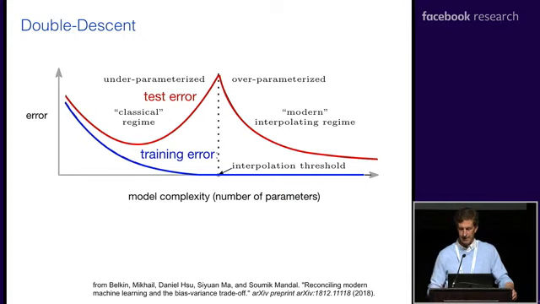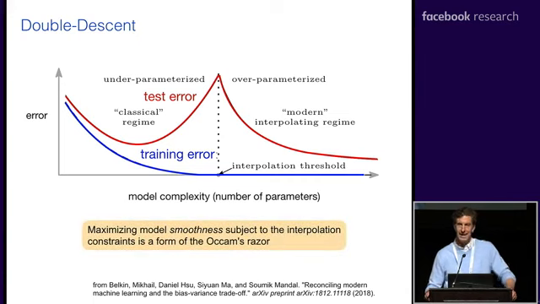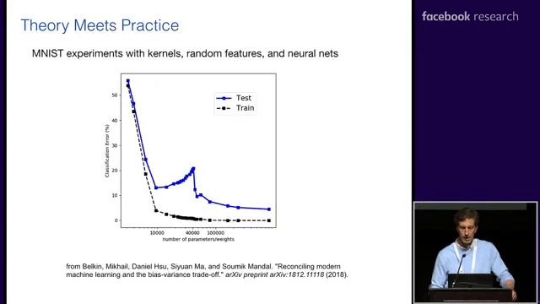That's crazy and very surprising, but the idea is that we're not just looking at any interpolating model, we're looking at interpolators that are in some sense the smoothest of all functions that could interpolate a given set of training data. Smoothness, subject to interpolation constraints, is a form of regularization or a form of Occam's razor. So this isn't just theory. These are some experiments that Belkin and his collaborators did.